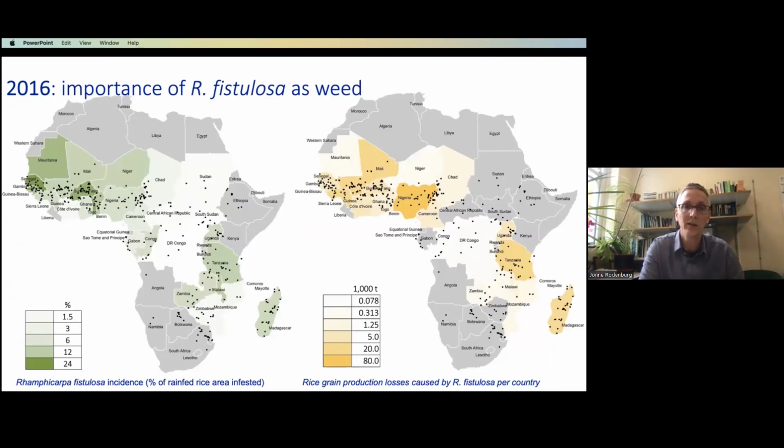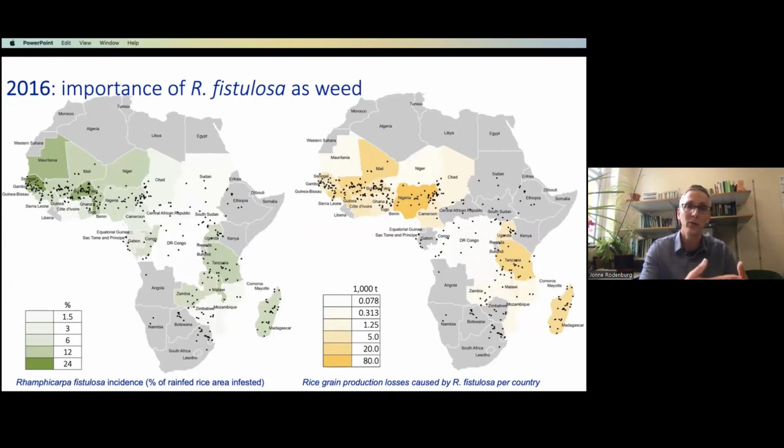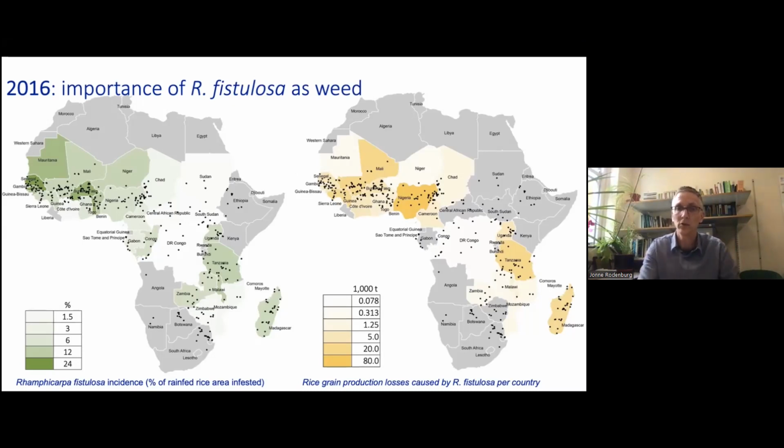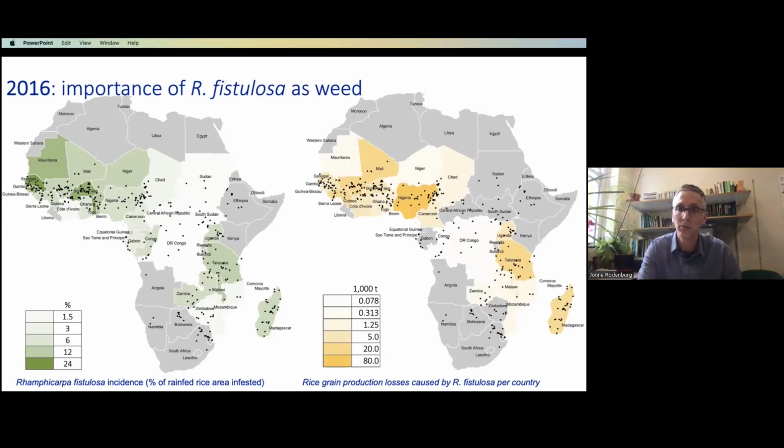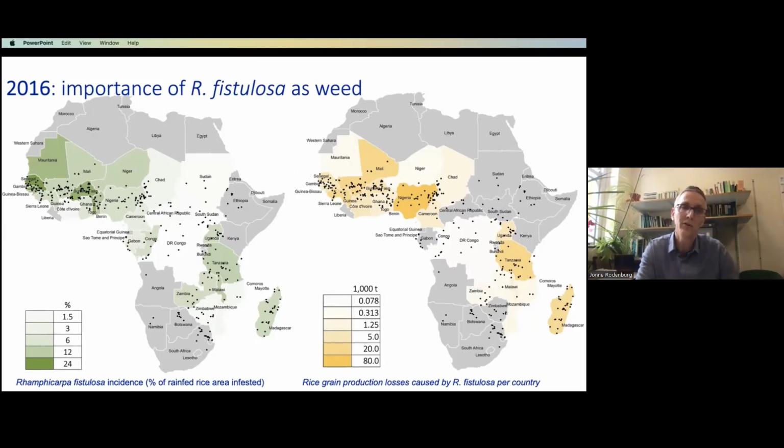So what is the percentage of inland valleys or rain-fed lowland area that we estimate to be infested by this parasitic plant? And on the right-hand side, you can see the production losses because of this parasitic plant, also differentiated per country. So this gives a little bit better insight into which countries are really most affected.